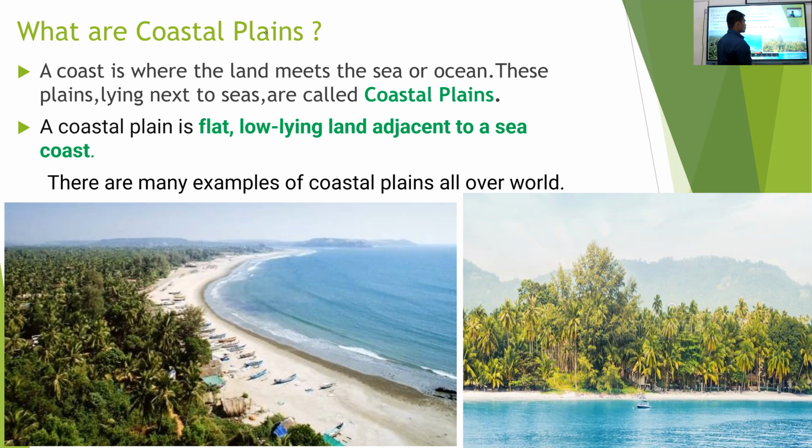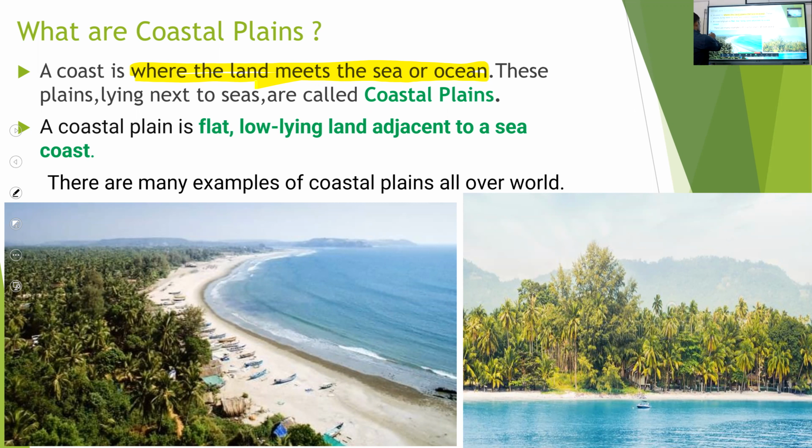In simple language, we will be taking this definition. What is a coast? Where the land and the sea meet. This region particularly will be called the coast, where the land and sea or ocean meet together. That particular area will be called a coast.